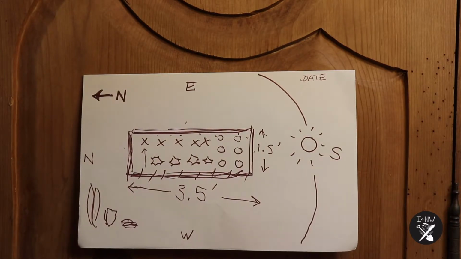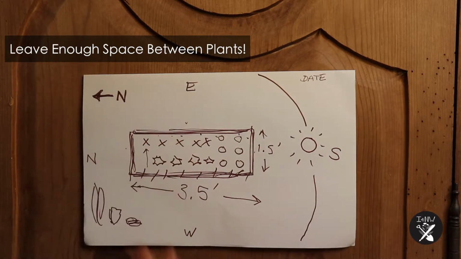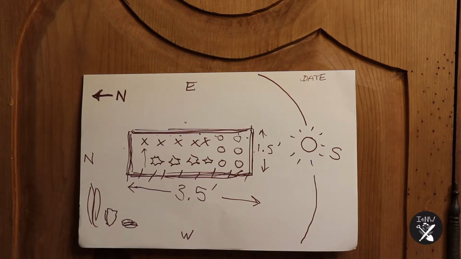They're baby plants usually, or seeds, and they don't have enough room then to grow and get big. So more plants does not equal more food. Proper spacing equals plants that will grow to full size. That means that you can either look up the spacing if you're going from a seed packet that has it written on there, or you can look at or imagine or feel a full-size version of that crop.